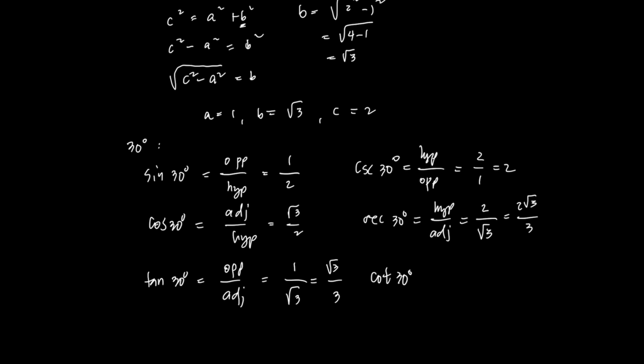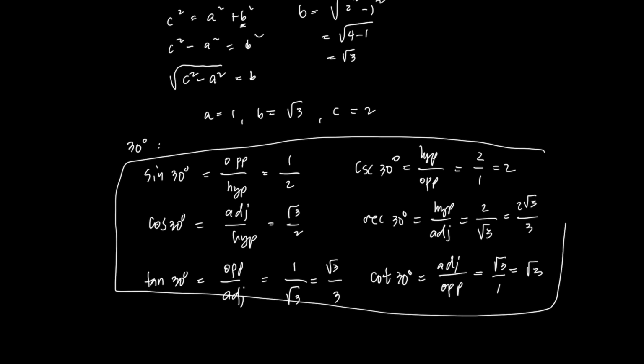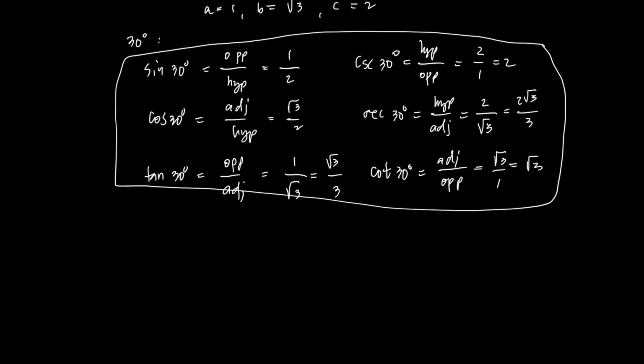And for the cotangent 30 degrees, that's adjacent side over the opposite, and that is square root of 3 over 1, or that's simply square root of 3. Again, for the 30 degrees, these are the exact values of the 6 trig functions.